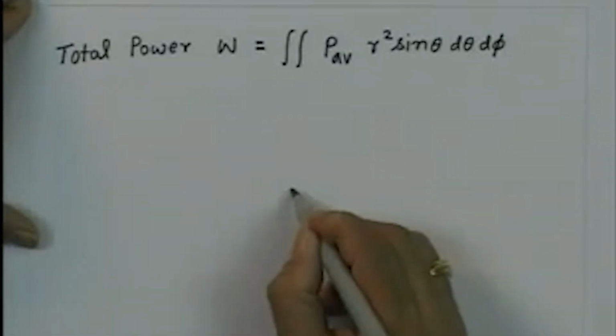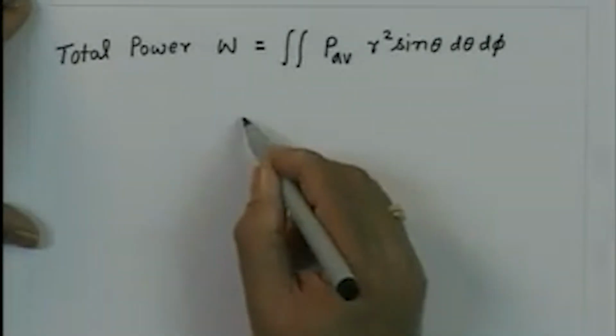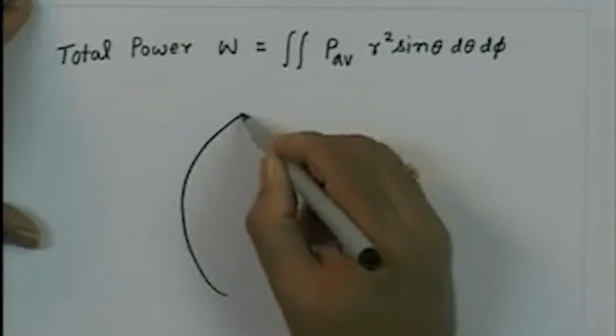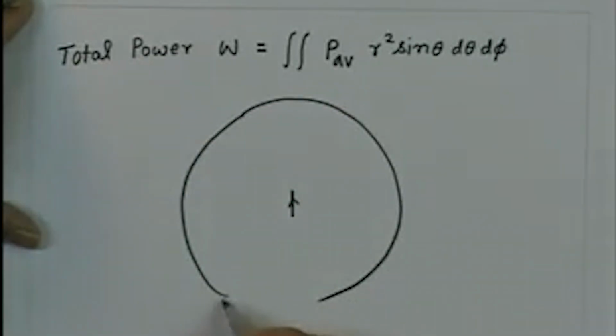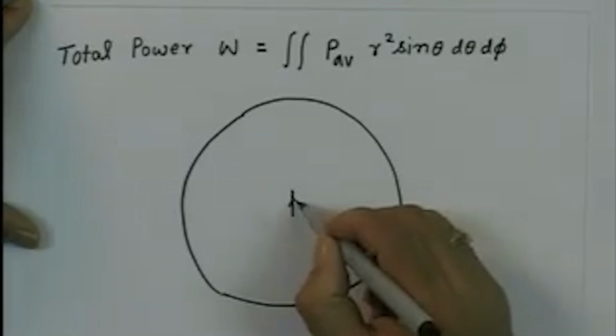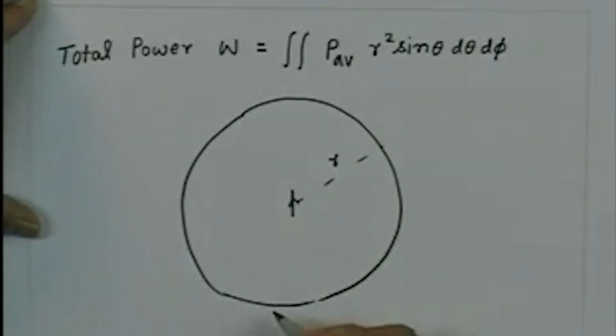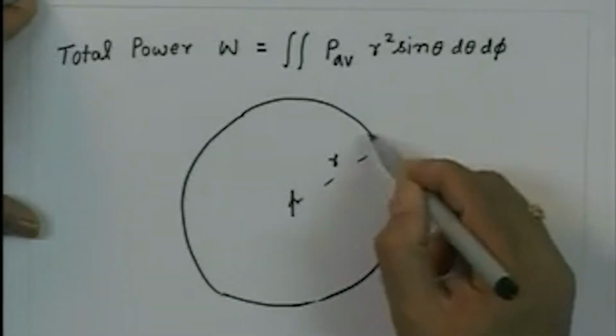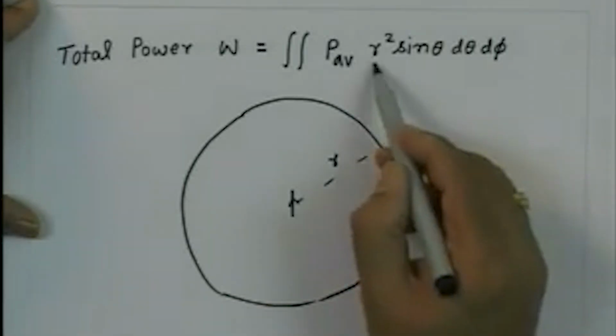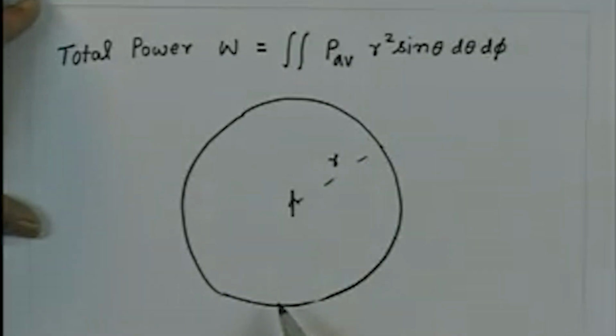So what we have? We have Hertz dipole here, we are considering a sphere around it of radius r. So the incremental surface area on the surface of the sphere is r square sin theta d theta d phi.